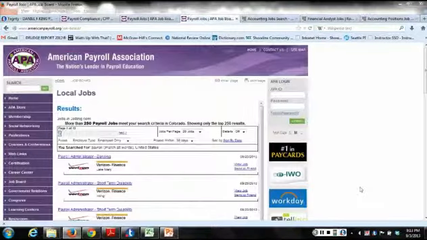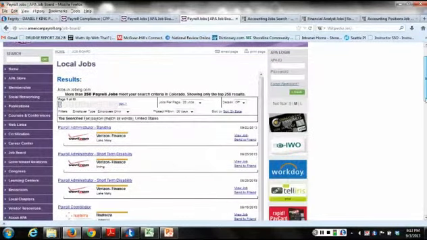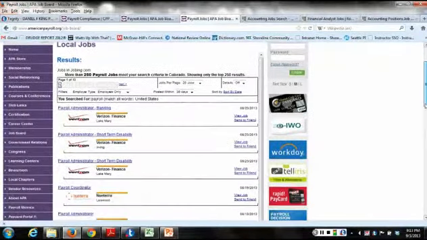Okay, from that American Payroll Association website, I just arbitrarily clicked on jobs with the word payroll in them. That association job board has other business level job postings in addition to payroll, but these all have the word payroll in them. This one is telling us that in this search area in Colorado, I picked just for purposes of example, 250 payroll related jobs.